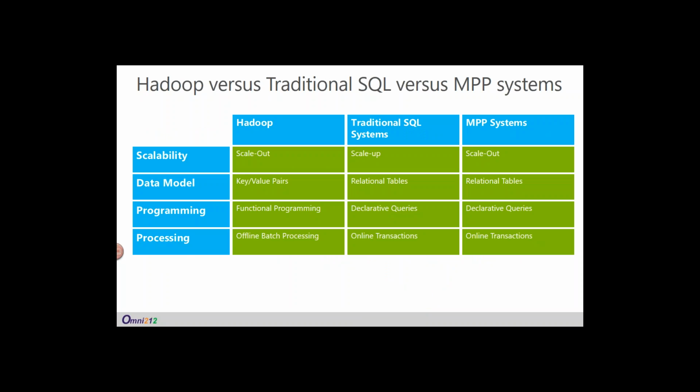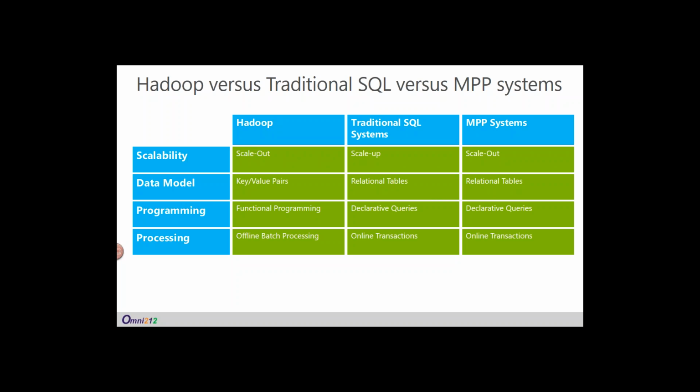So if you want to increase the number of nodes from 100 to 200 in Hadoop and MPP systems, this will be possible easily. But in traditional SQL systems, we need to scale up. So even if you want to increase the capacity by one node, it becomes a very complex process.